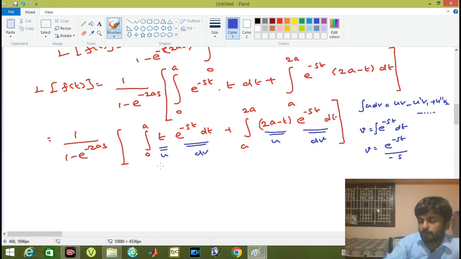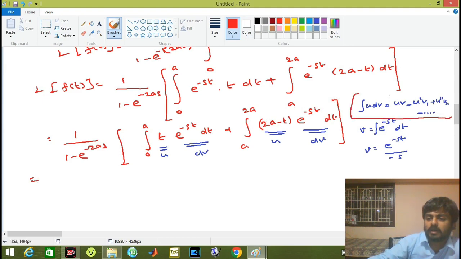Keep in mind, you have to differentiate u all the time, you have to integrate v all the time. Okay, u the differentiation, v the integration. You have to remember. So according to this formula, you will have the following expression.